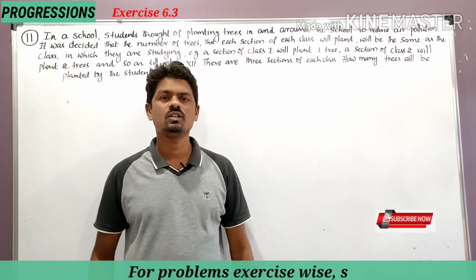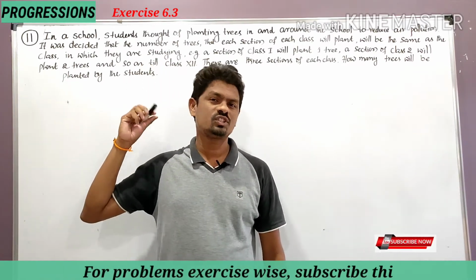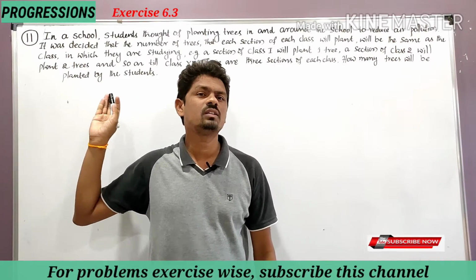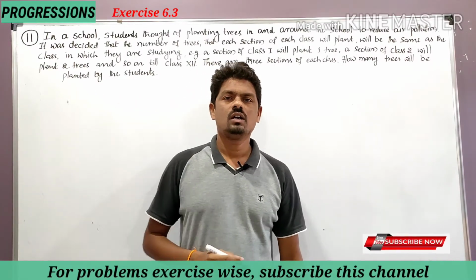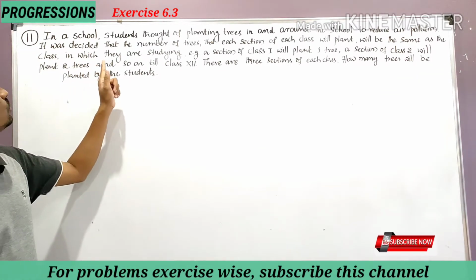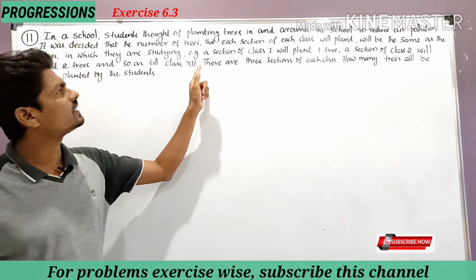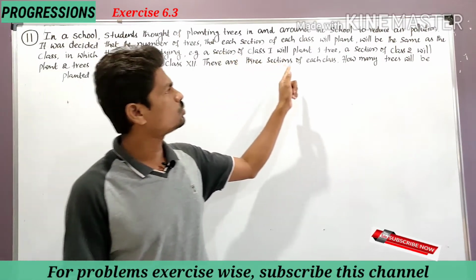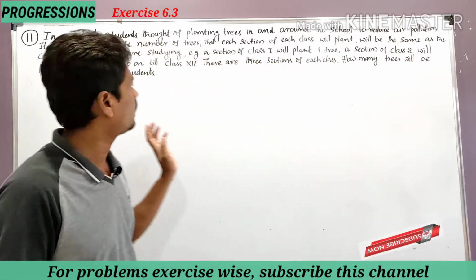My name is Varakmar. Today we are going to solve a problem from the chapter Progressions, exercise 6.3, 11th problem. See here what it is asking us to find. In a school, students thought of planting trees in and around the school to reduce air pollution.